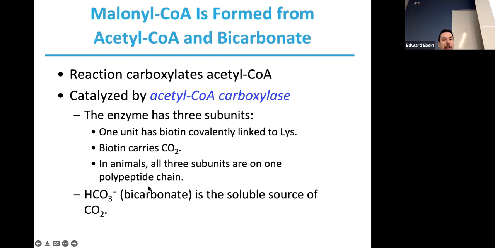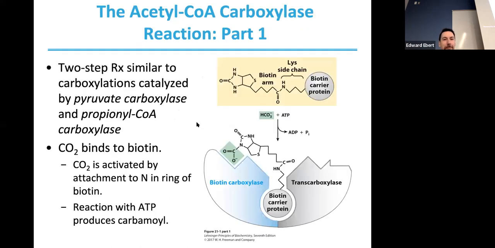So it's a 3 subunit enzyme, but it's 1 long strand in there. Okay. So how does this work? We've seen some carboxylations before, our pyruvate carboxylase and propionyl-CoA carboxylase. We've seen in previous examples of this, but we see our biotin carrier protein.